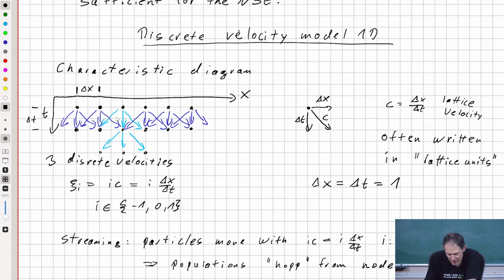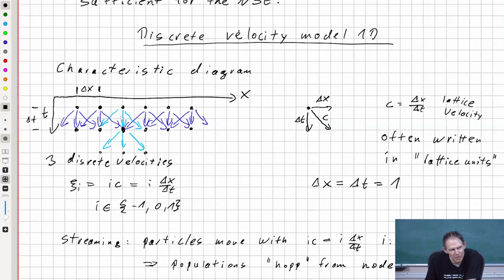Now you pick this population and that population. The incoming would be, we are at this position, so here, all the arrows that are pointing to this node, they are collected.